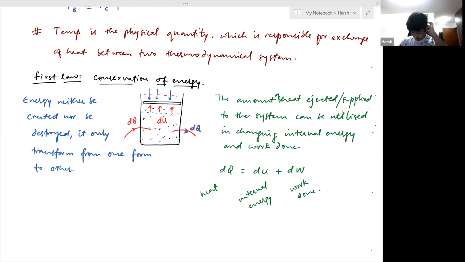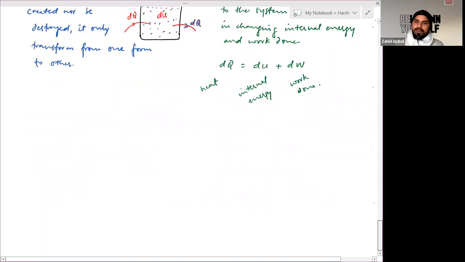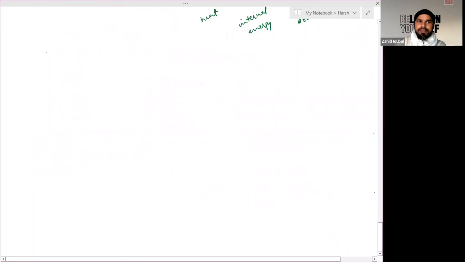Now, in this part, we have three physical quantities. One is heat, second is internal energy, and third is work done. So we may divide these three different parts on the basis of their property into two categories. One is called state function.